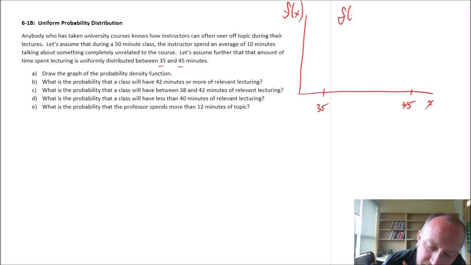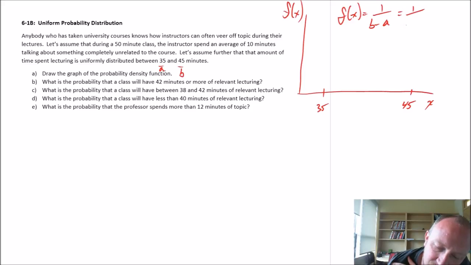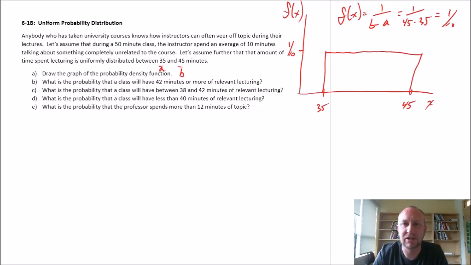If we plug our numbers into this formula, 1 over b minus a, in this case 45 is b, 35 is a, so this is 1 over 45 minus 35. That's 1 over 10. So there's our height, 1 over 10, and our probability density function looks something like this.